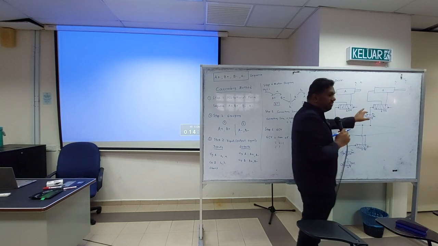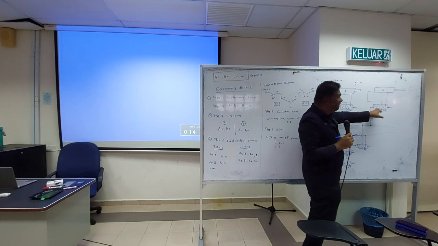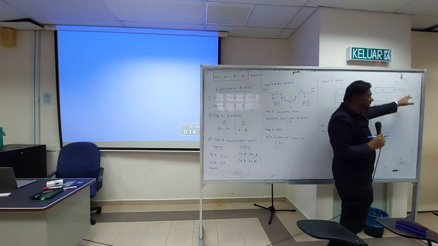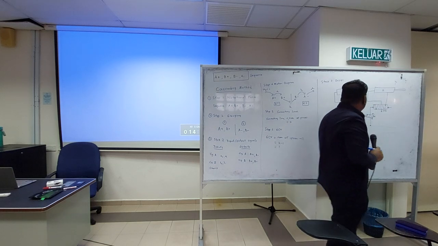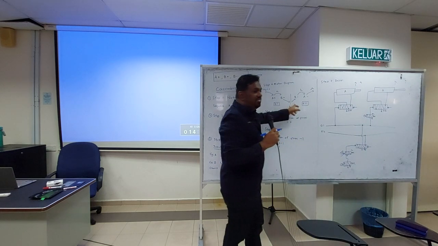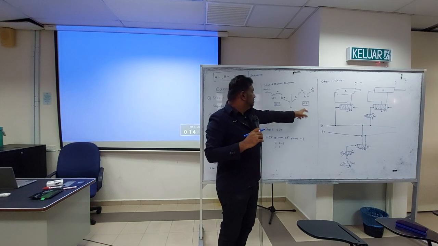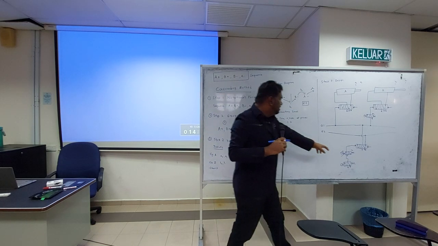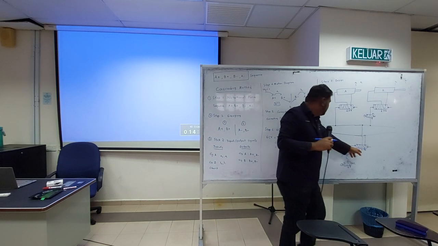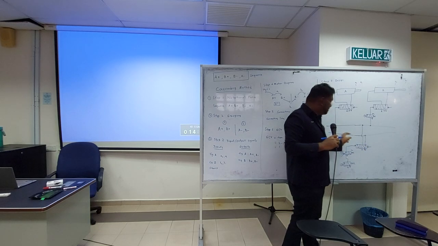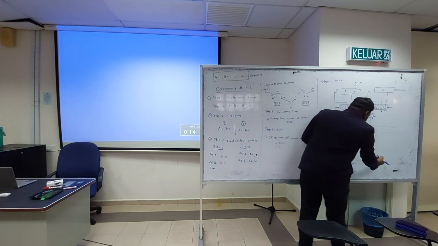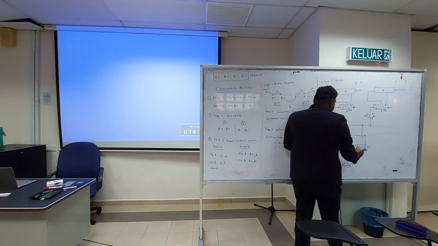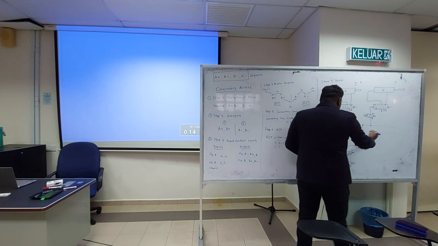So A1 will start cylinder B, cylinder B will extend, so dia akan pergi ke B1. So B1 belongs to group 2, so you gonna activate the second line, group 2 punya line. So B1 must be here to activate this, baru dia akan on group 2.